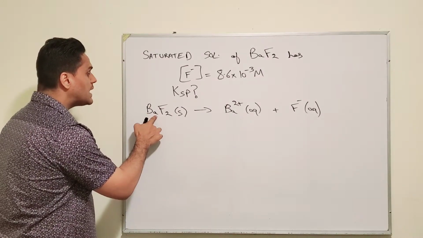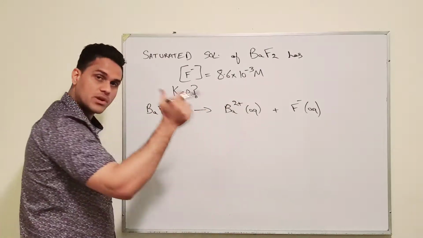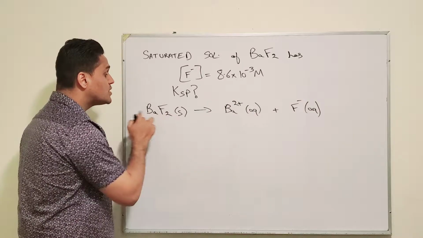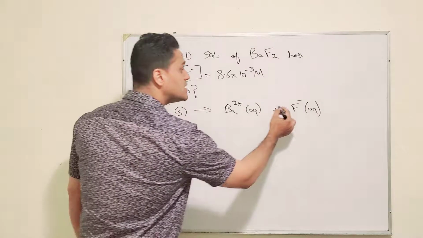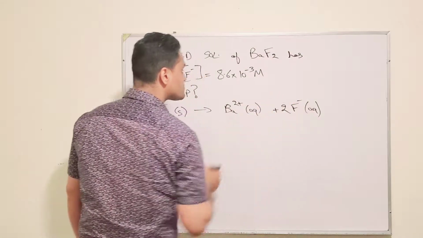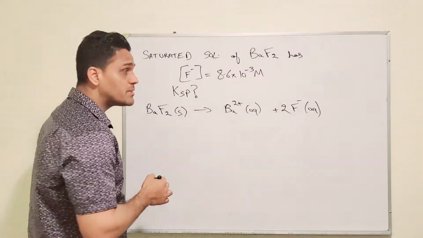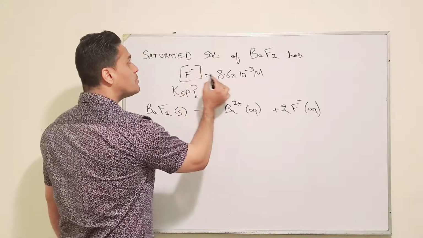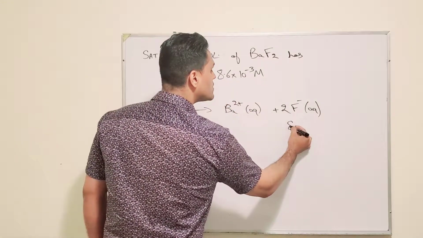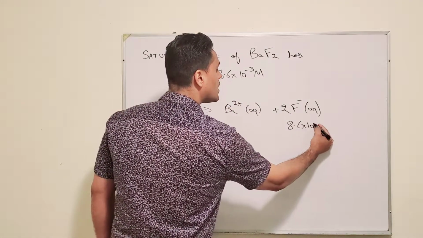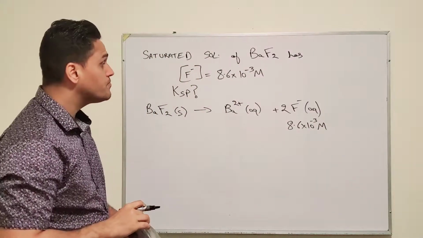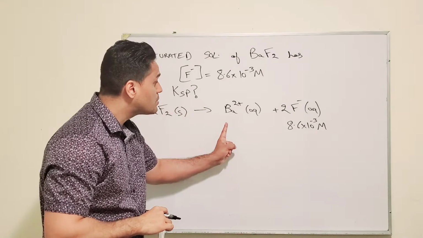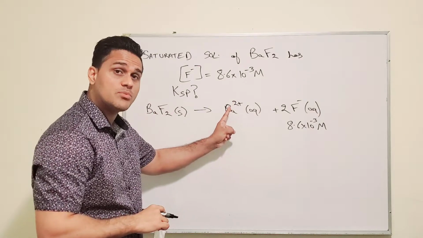We have one Ba and one Ba2 plus, so we're good for that. For F, we have two of those. However, on that side, I only see one of that. So we need to put 2 in front. Now the question did tell me that the concentration of F minus was 8.6 times 10 to the power minus 3 molar. And this is a fully saturated solution, which means the concentration of Ba2 plus, guys, let's look at the molar ratio.